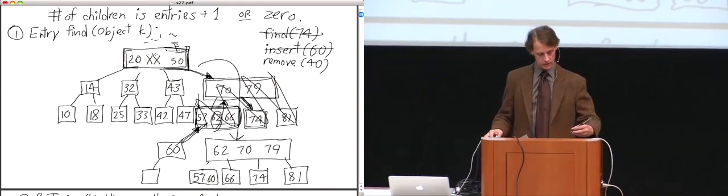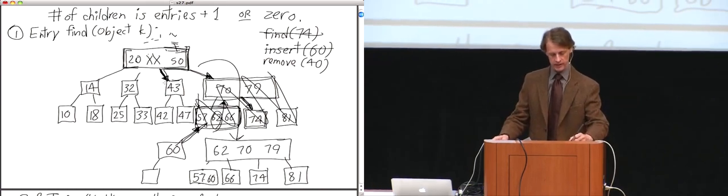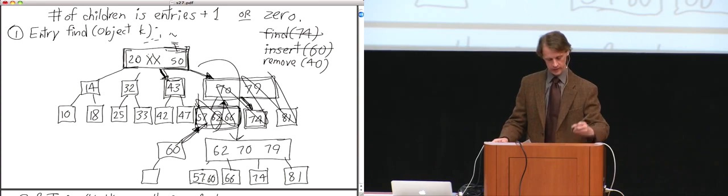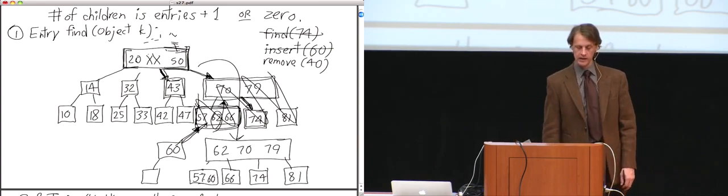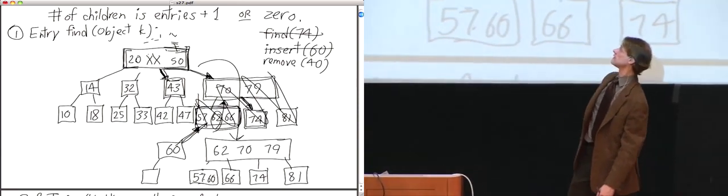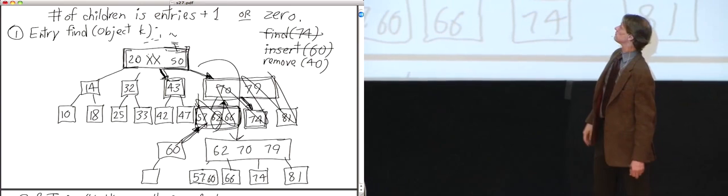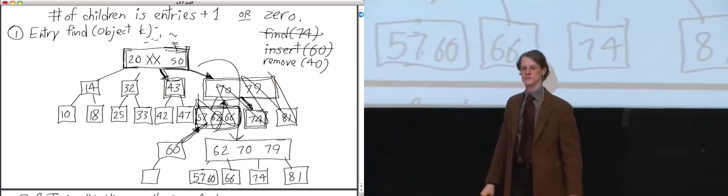All right, now I can continue searching down the tree. So I continue now to the node that contains the 43. And at this point, does the 43 have a sibling that I can steal a key from? Well, actually it does. This is its sibling here.